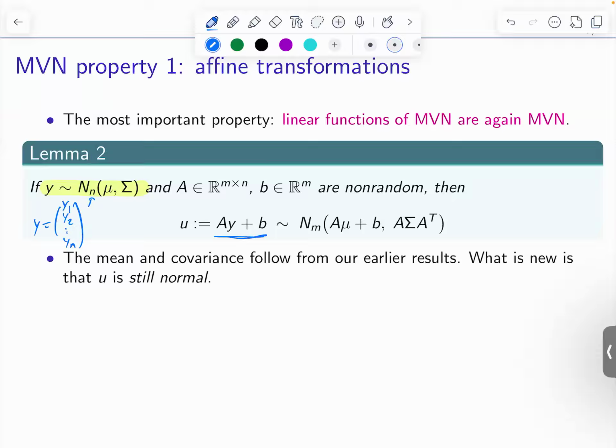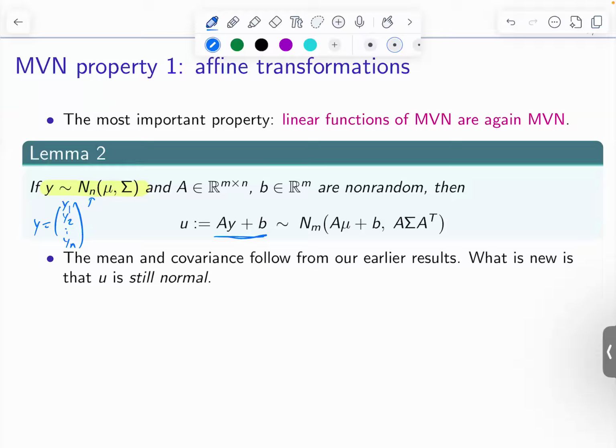So this result is really saying that affine transformations preserve normality. If you start from a multivariate normal random vector and do an affine transformation, you remain in the same family. Because a normal random vector is determined by a mean vector and a covariance matrix, I just have to tell you what the mean and the covariance matrix are to completely determine the distribution, because that completely determines the density by that formula.